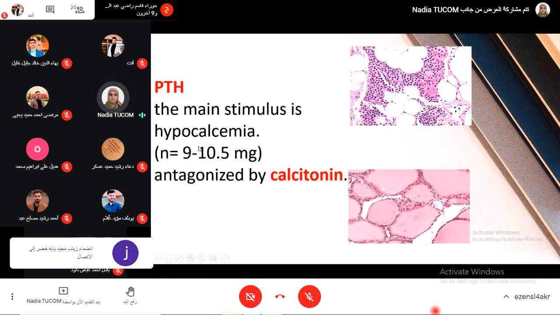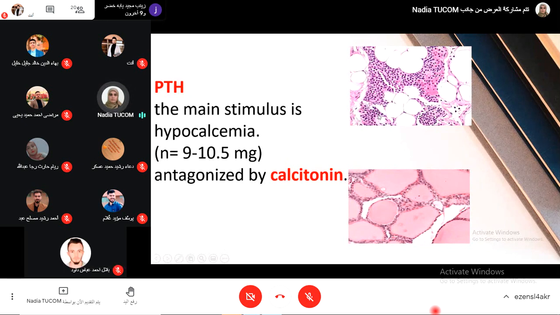Normally it is 9 to 10.5 milligram per deciliter. When there is hypocalcemia, this is the stimulus for secretion of parathyroid hormone from the parathyroid gland, whereas it is antagonized by the calcitonin effect.